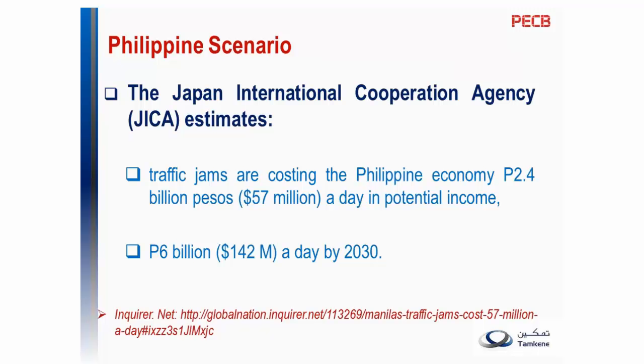It costs a potential income loss of 57 million a day. That is too much money. So by 2030, they said it will increase to 6 billion pesos, or the equivalent of $142 million.